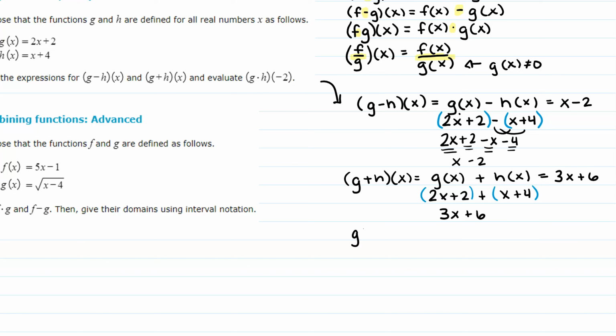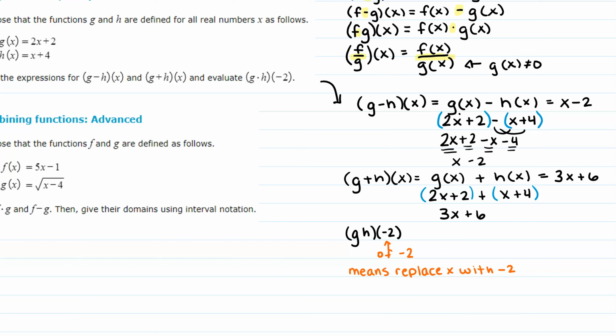Now, in this last one, g times h of -2. So remember, this is function notation. Of -2 means replace x with -2.